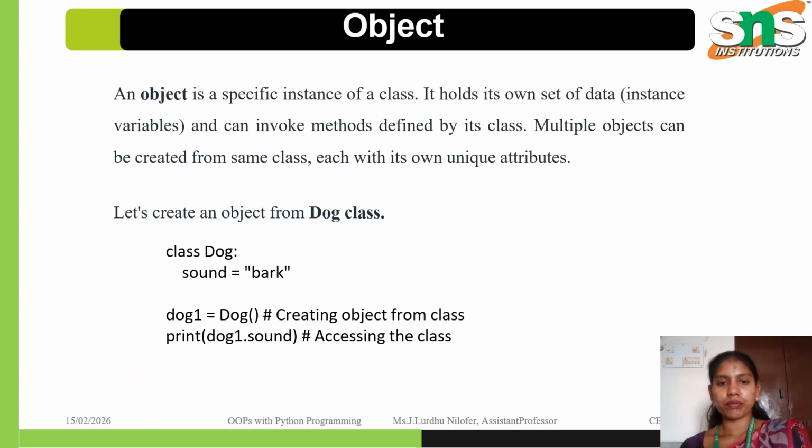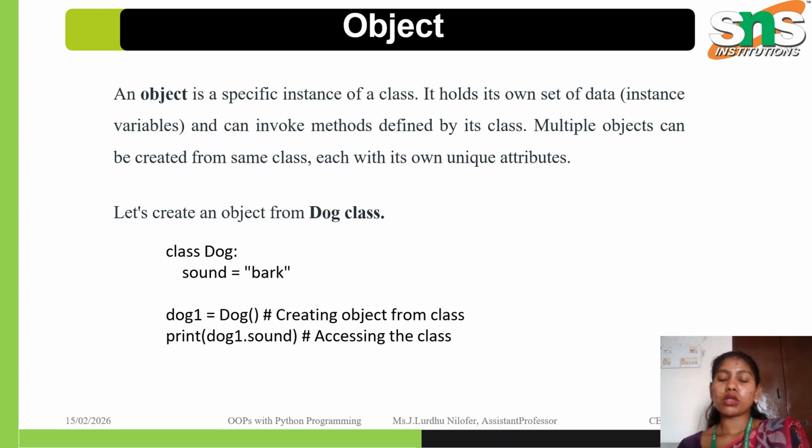Then we have to create an object. The object is a specific instance of a class. It holds one set of data, the instance variables. The object is also called an instance. It has one set of data, and it can invoke methods defined by its class.